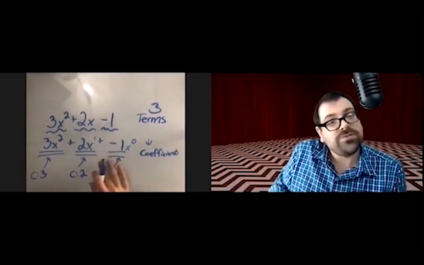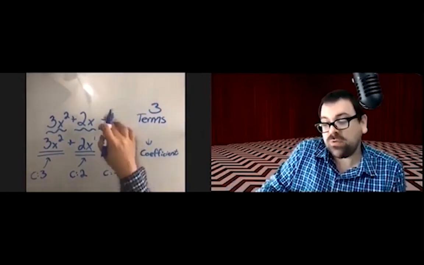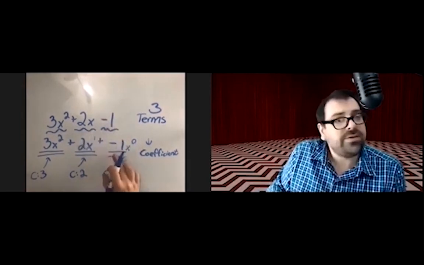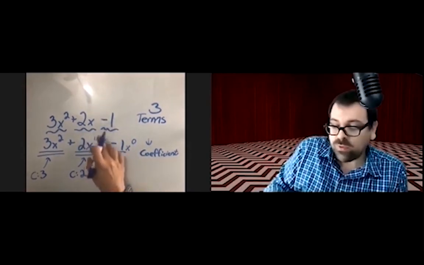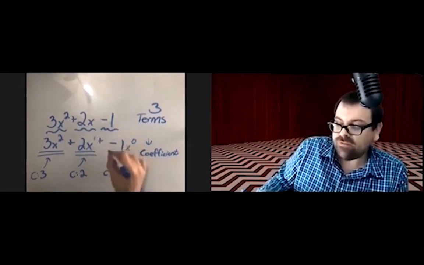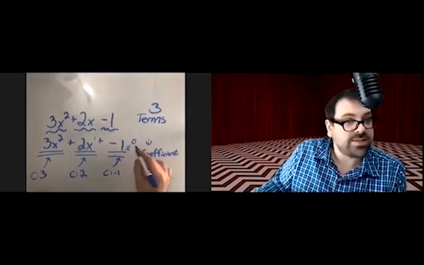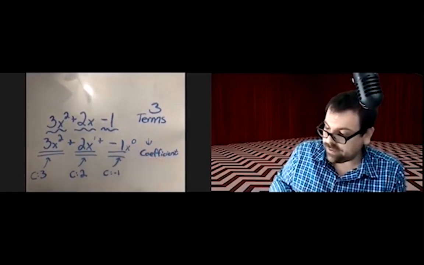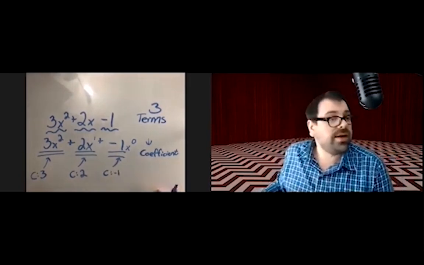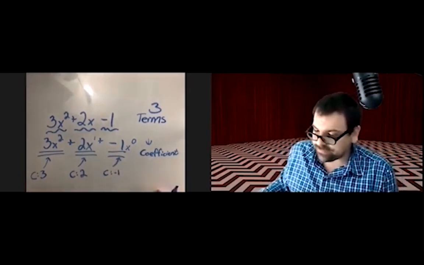This is why I differentiated between, hey, originally it was minus, let's think of it as plus a negative. Because when we look at what's added together, we can see it's plus -1 x to the 0. So the coefficient is what we call the number in front of the x.